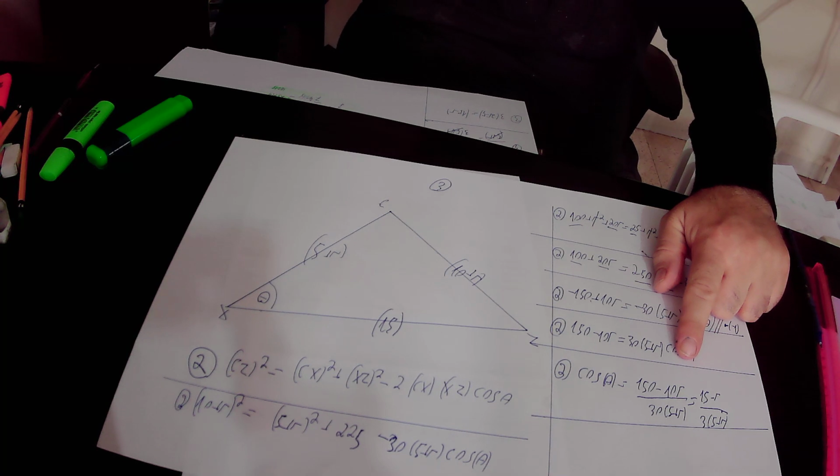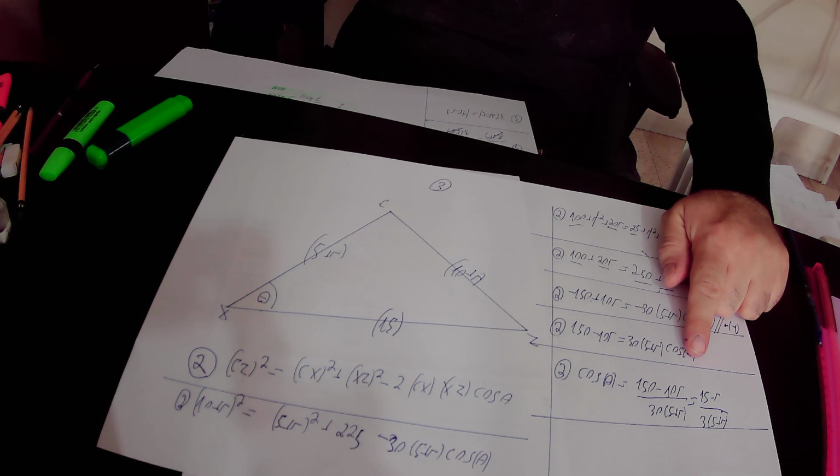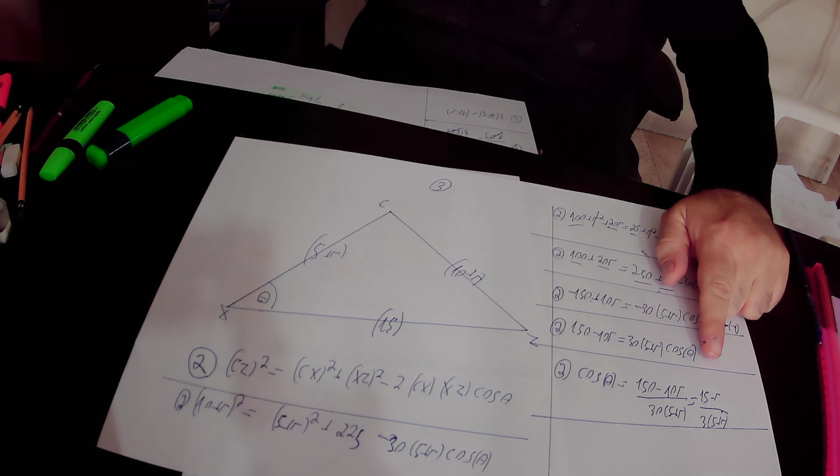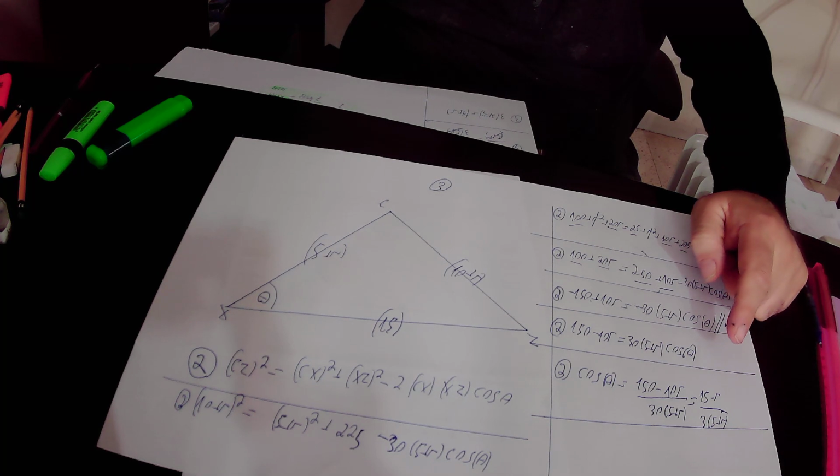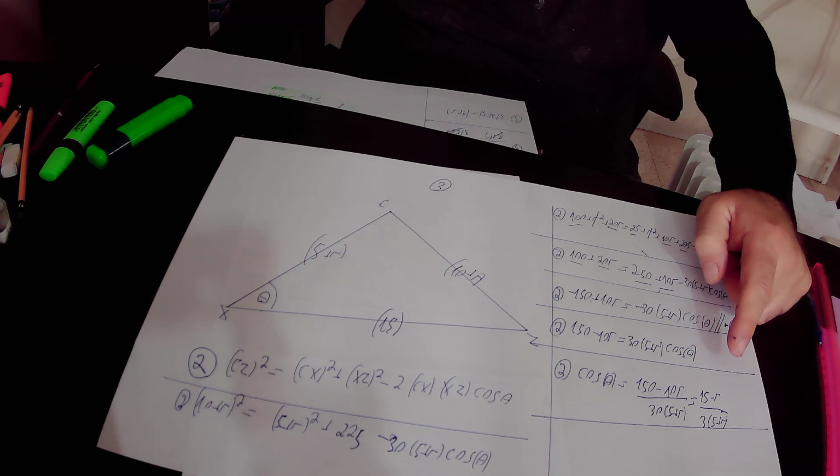Then we divided both the numerator and the denominator on this side by 10, and we got that 150 over 10 is 15, minus 10r over 10 is minus r, 30 over 10 is 3. So in conclusion, according to equation number 2, cosine theta equals 15 minus r over 3 times 5 plus r.